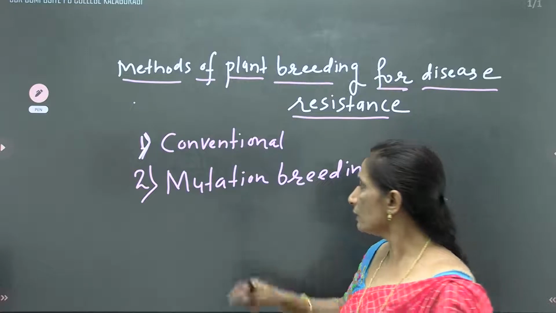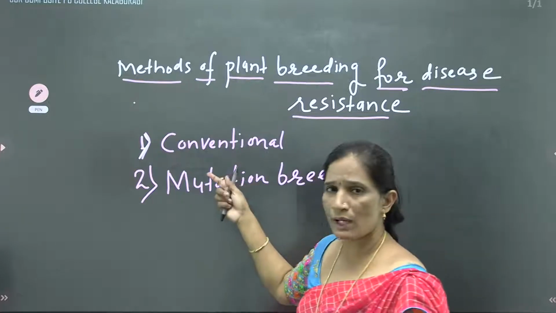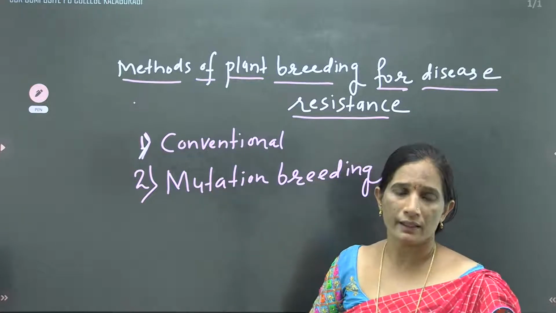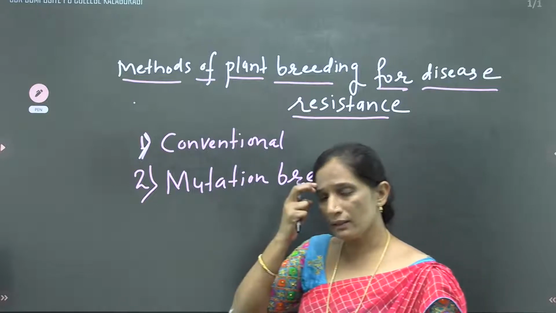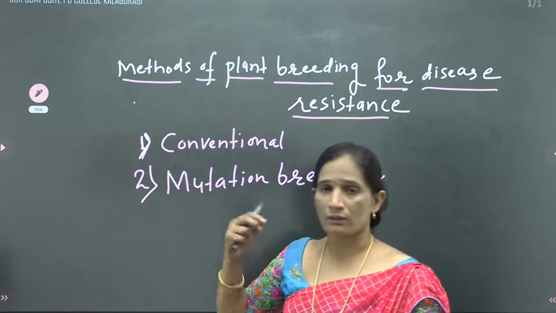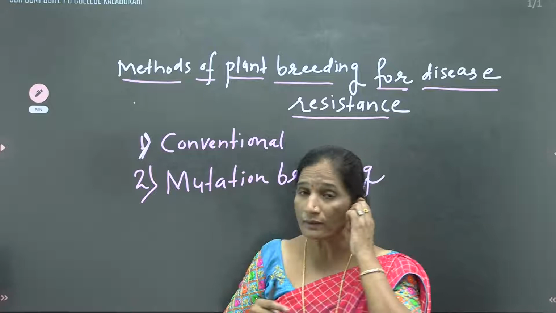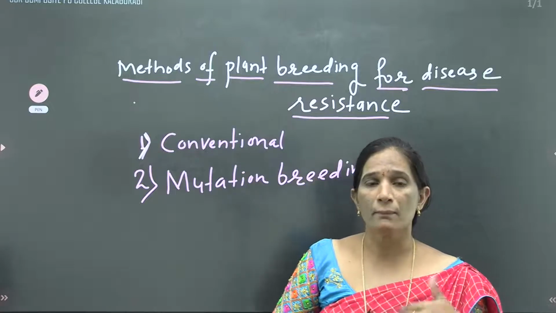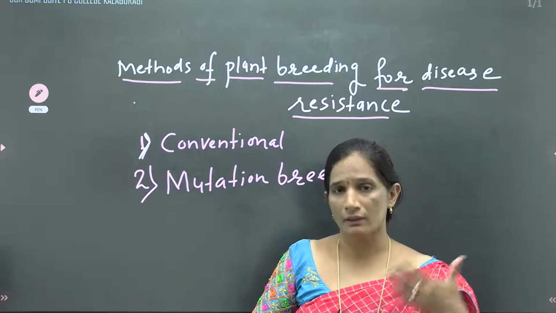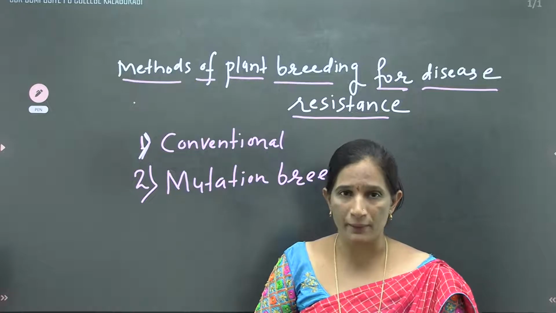Conventional breeding is through hybridization as well as selection, and the steps involved in this conventional method are similar to the main steps of plant breeding.